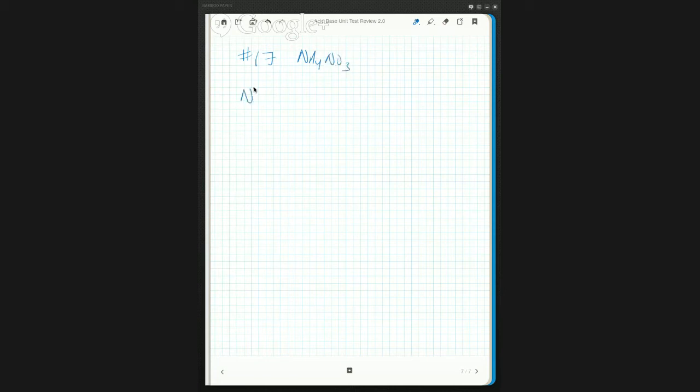So really, that's NH4 plus NO3 minus plus H2O yields NH3 plus H3O plus NO3 minus. So these NO3 minuses go away, leaving us with a net ionic equation. I'm going to make this in green because this will be the final answer.